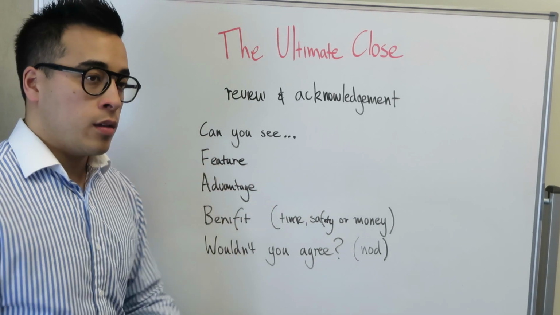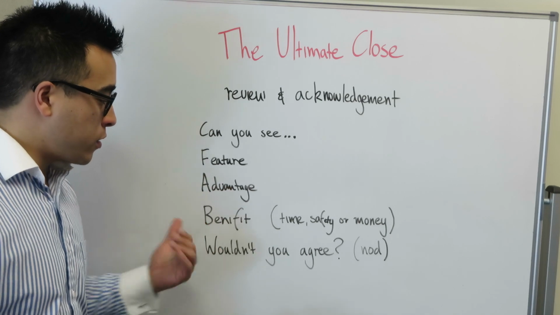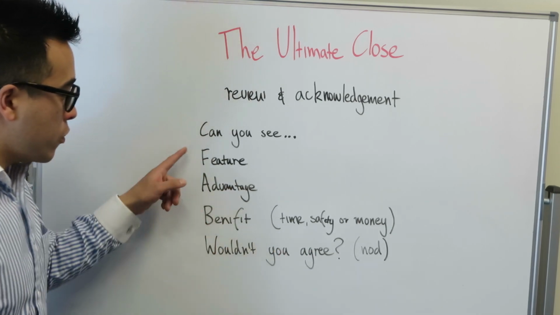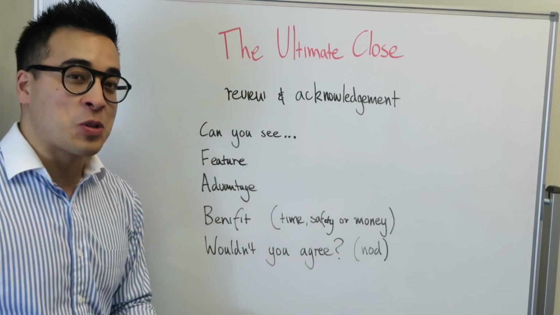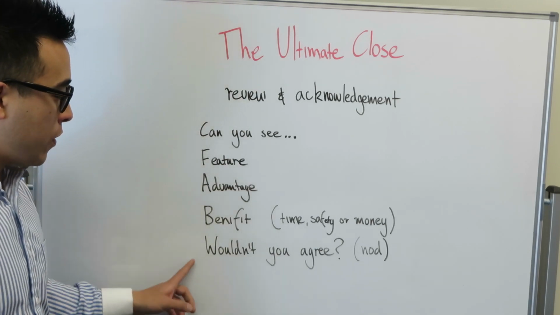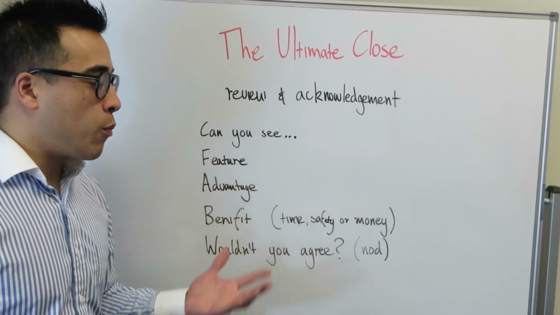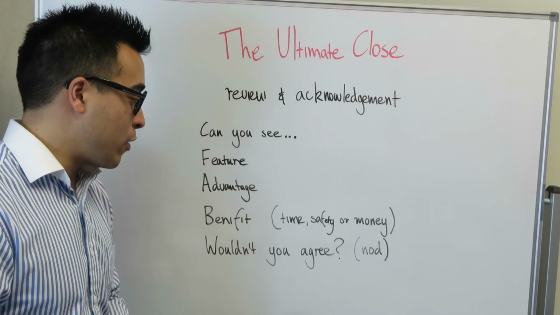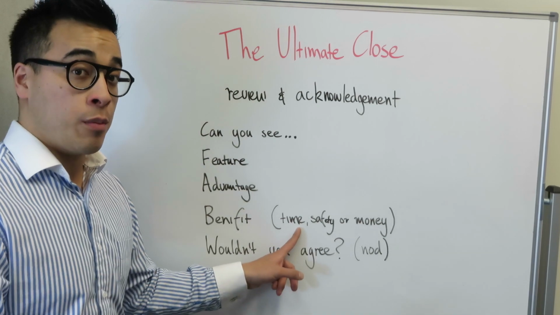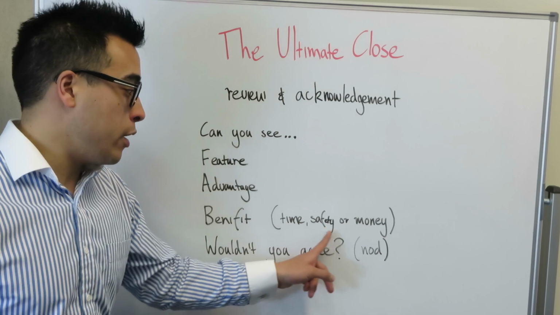Can you see the feature, the advantage, the benefit, and then wouldn't you agree? That's the good old school FAB technique: feature, advantage, benefit, and then you close with wouldn't you agree. Now with benefit, most of your prospective vendors will be interested in either time, saving time, so doing something quicker, safety, something more secure, or money.